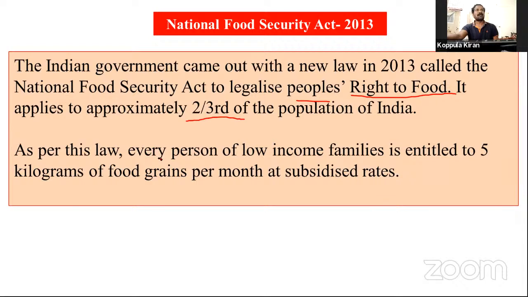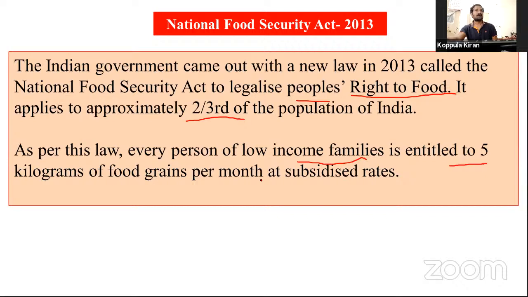As per this law, every person of low income families is entitled to 5 kilograms of food grains per month at subsidized rates. We have seen in our local ration shops, every person of low income families is entitled to 5 kilograms of rice or other food grains, particularly rice.